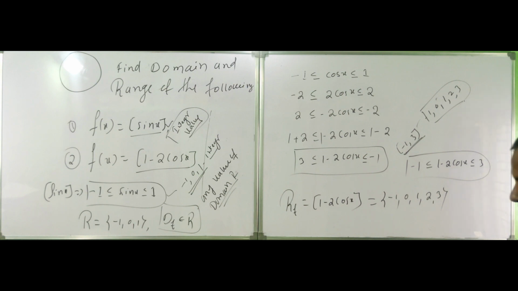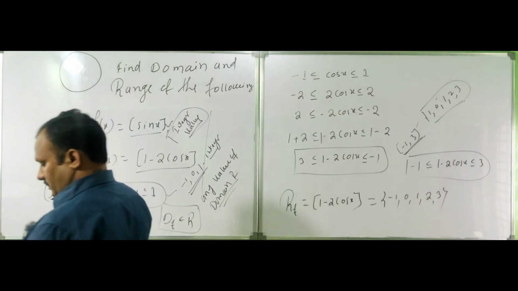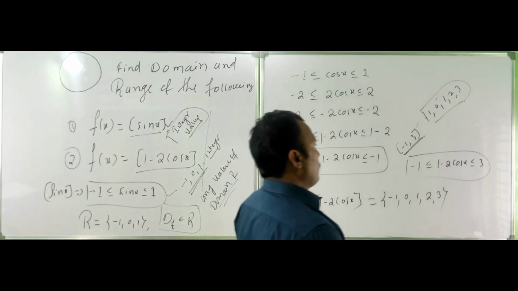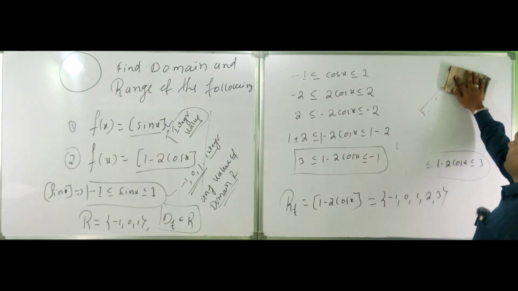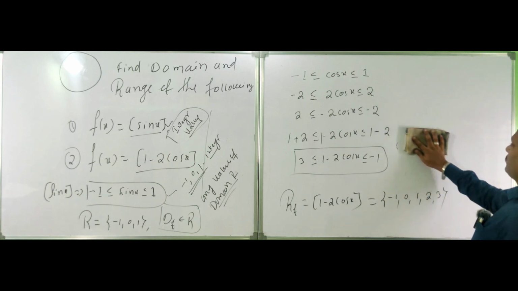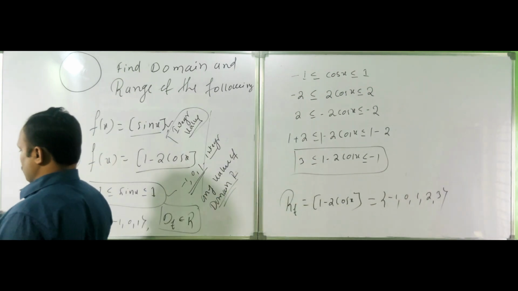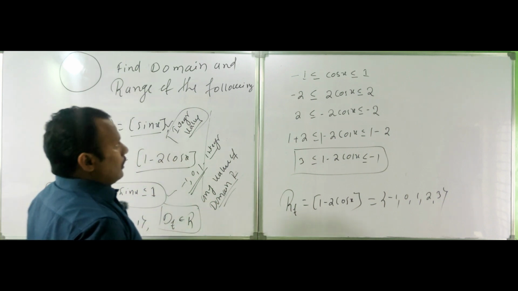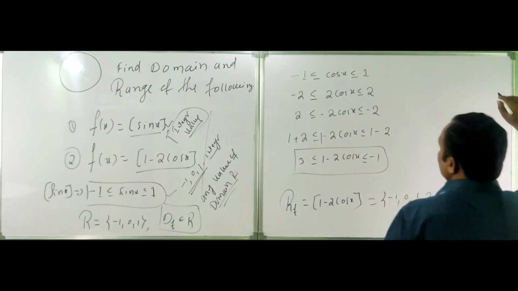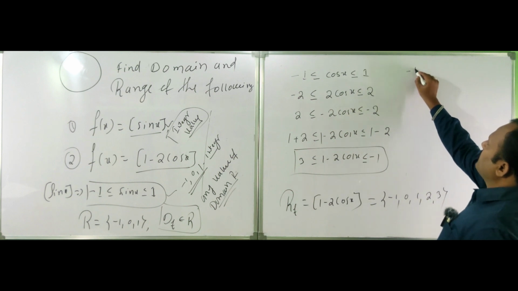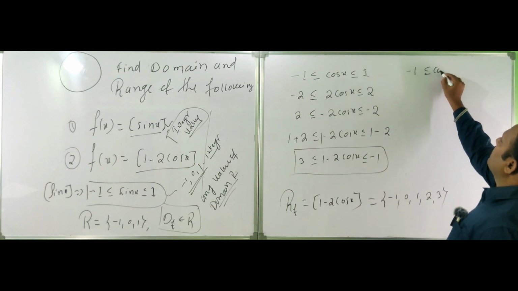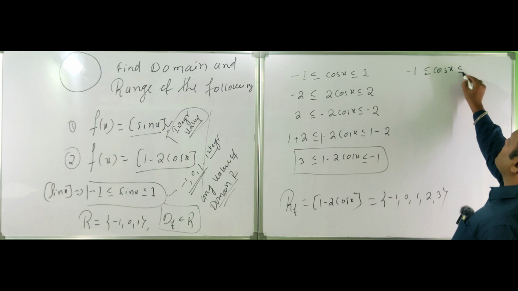If you don't understand, then change the terms also. But this is an important point. There should not be any confusion here. If this is not true, then again: minus 1 is less than or equal to cos x, less than or equal to 1.